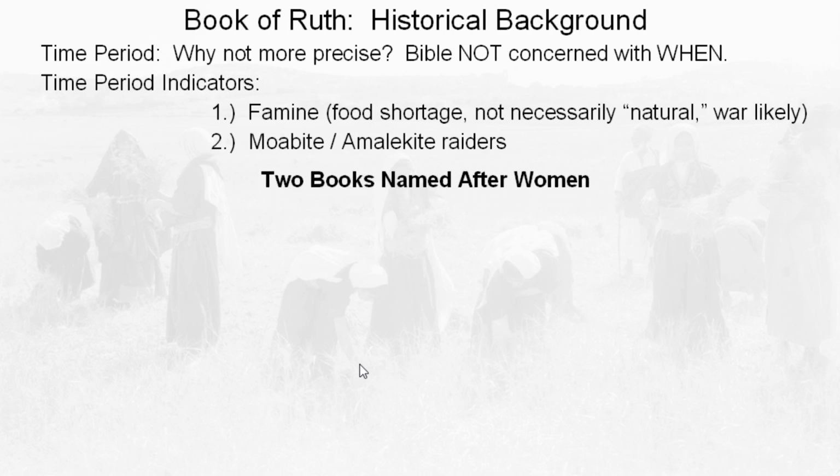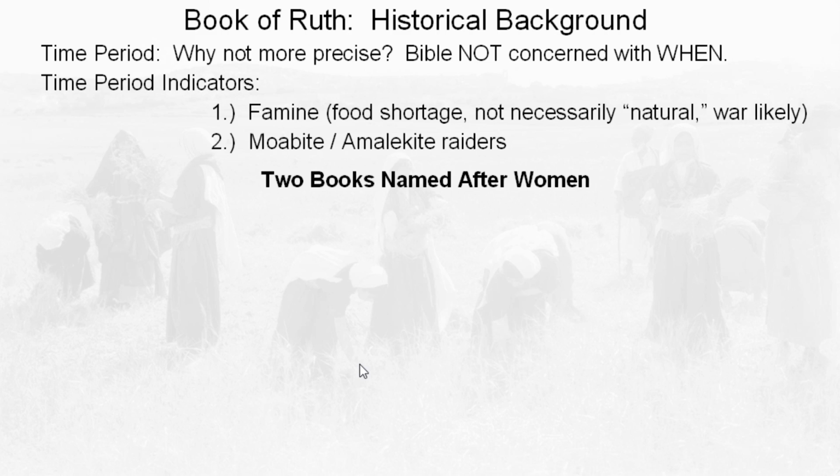Now, there are two books in the Bible that are named after women. Do you remember what they are? Esther and Ruth. Okay? Fascinating little comparison and contrast between Esther and Ruth. They form really interesting patterns, a menorah pattern, a chiasm, a structure from the menorah pattern.